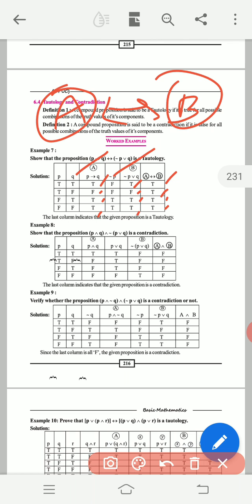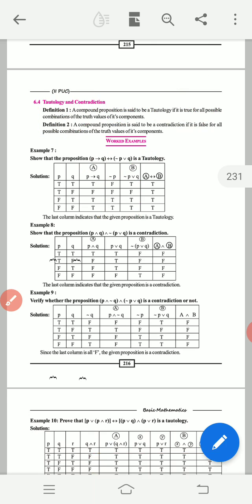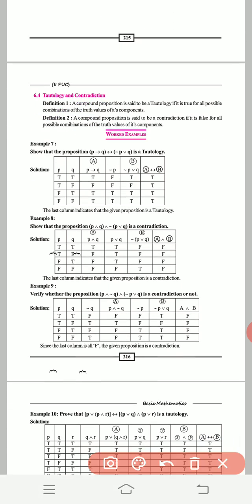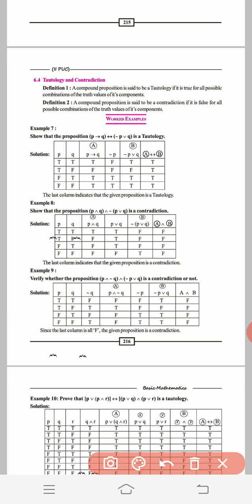If both the values are same, then it is true; otherwise, it is false. See, now you will get all true, that is, all the values are true for all combinations of truth values. Therefore, the given compound proposition is a tautology.